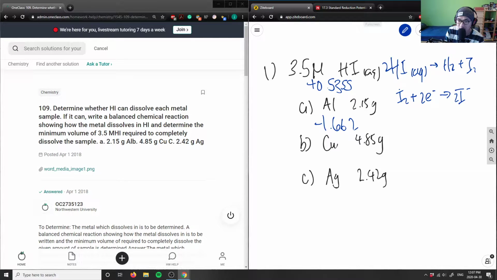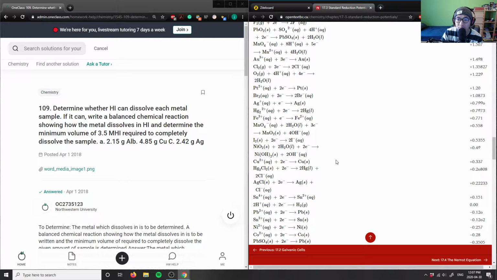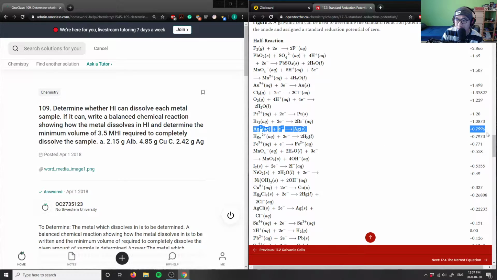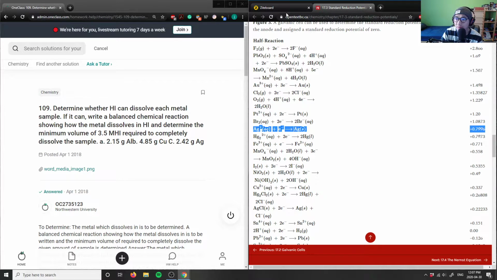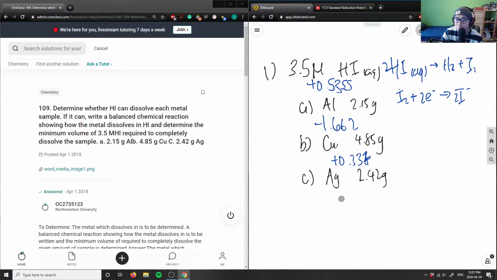So this is positive 0.337. And then finally for silver, silver would be over here, right? This is 0.7996. So this is positive 0.7996, sorry, yeah, 7996.